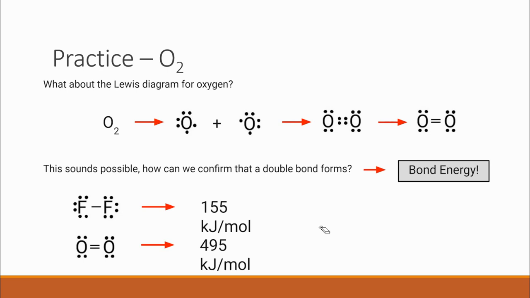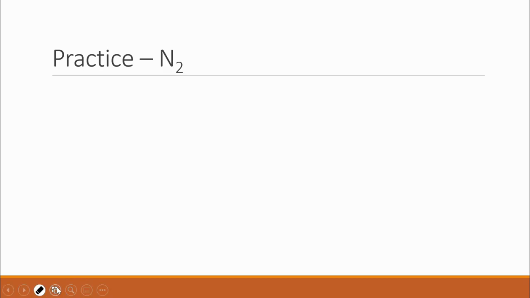It shouldn't be that different. They have pretty similar radius, but fluorine has a bond energy of 155. So oxygen's bond energy is much, much higher, which supports the fact that oxygen has a double bond.